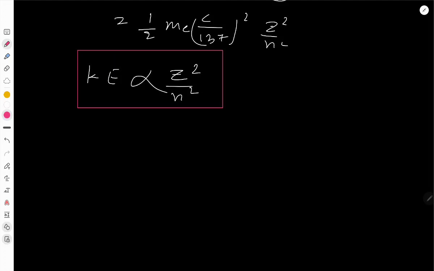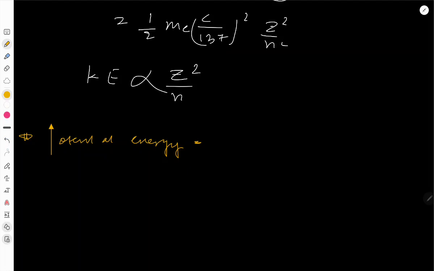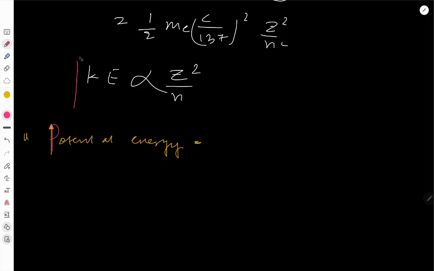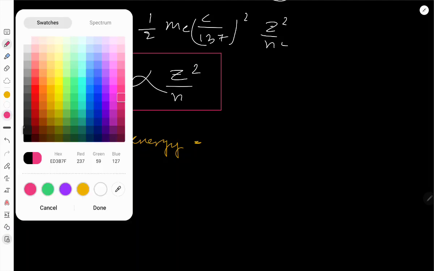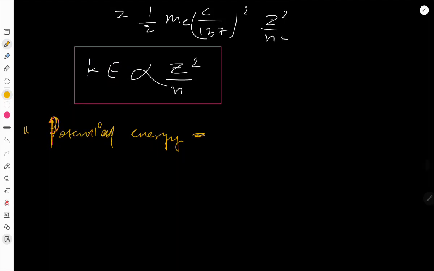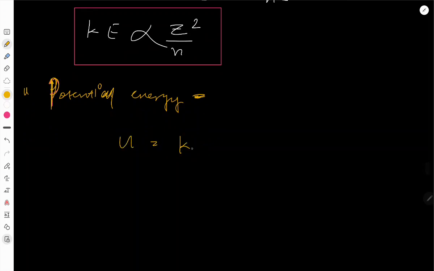And now the potential energy. The potential energy is equal to k e z e upon r.